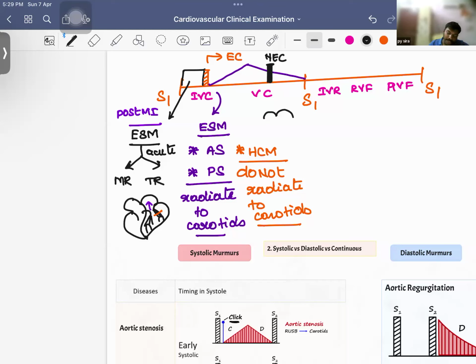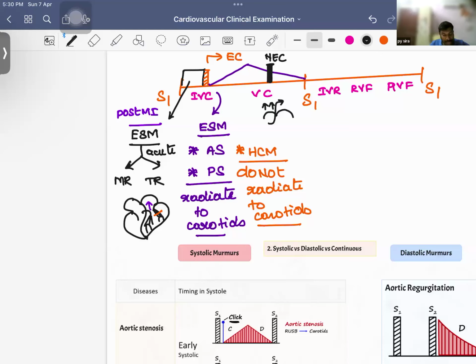Whenever the pressure in the patient increases toward the end of systole, this wall moves upwards and a space is created here.